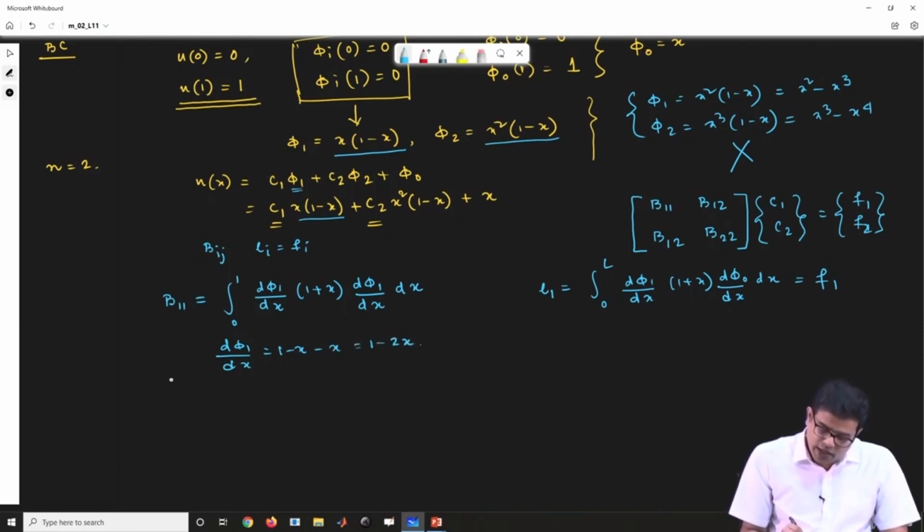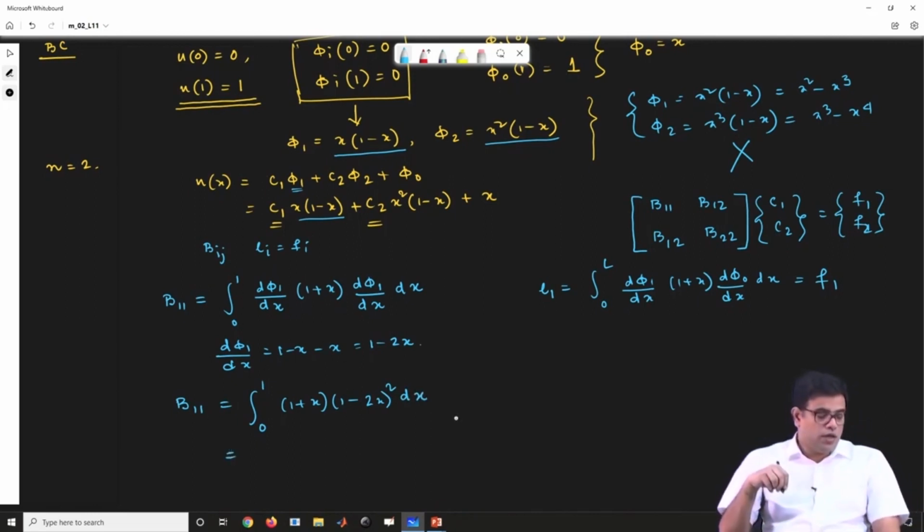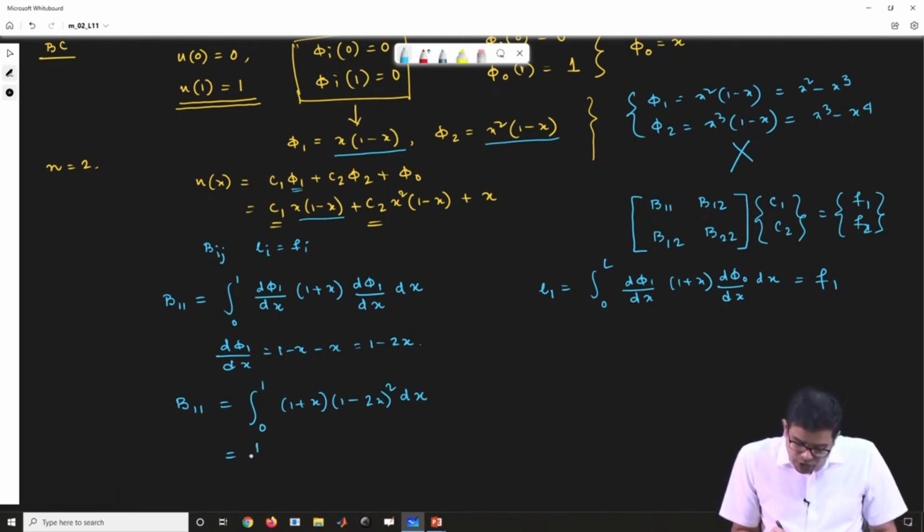So naturally my b11 will be the integral 0 to 1 of 1 plus x into (1 minus 2x) whole square dx. So this is my b11. If you integrate it, you will find the coefficient for b11. So b11, if you integrate, you will get half.